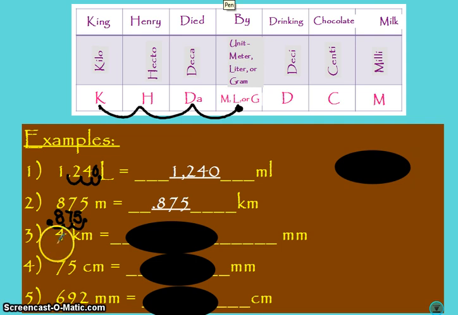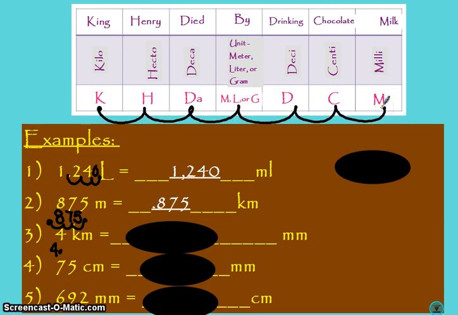Okay, here we have 4 kilometers, 4 decimal point, and we need to go to millimeters. MM is millimeters. So this is going to be a big travel here. We're starting from the kilo and we're moving to the milli. 1, 2, 3, 4, 5, 6.